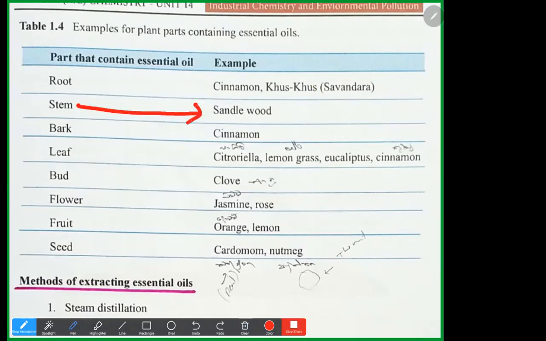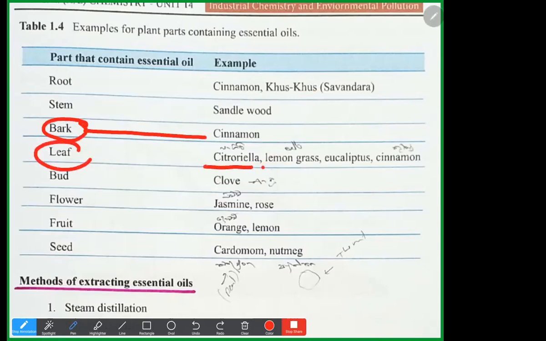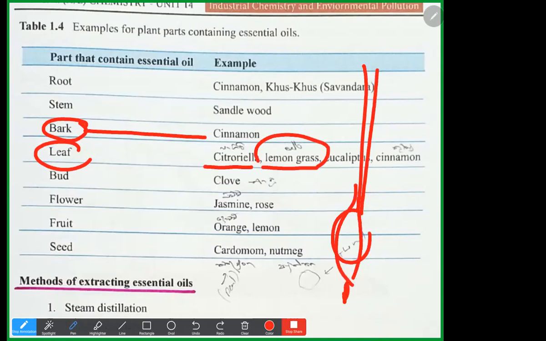Have you guys seen the sandalwood? No? Yeah, just like a piece of wood, sticks kind of. And you definitely know cinnamon. That's bark. Then leaf: citronella, lemongrass. What is lemongrass? Lemongrass has a little shoot, like spring onion, but it's very tough.